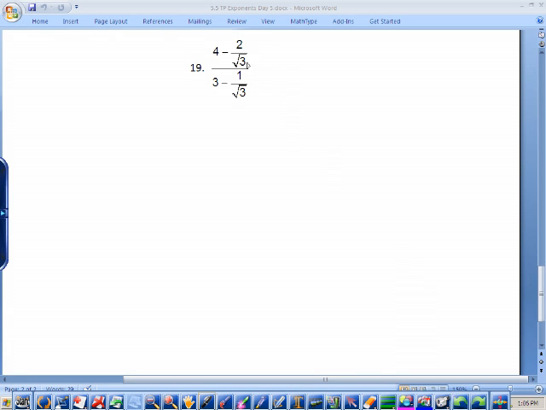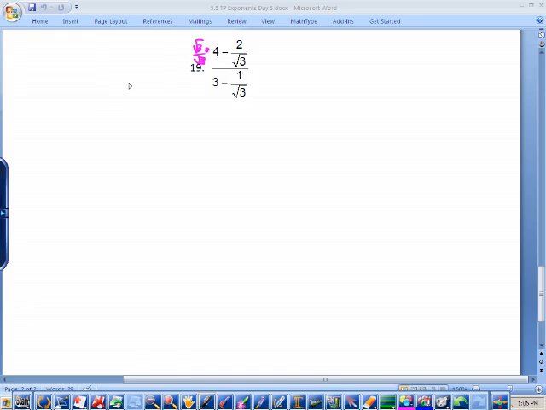Okay, so I'm going to start by, I want to combine 4 and negative 2 over root 3. In order to do so, I need to have like denominators, right? So I need to get a denominator of the square root of 3, so I can multiply 4 by root 3 over root 3. Why am I allowed to do that?